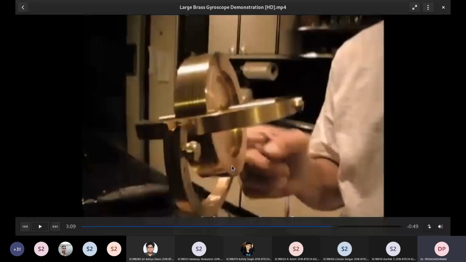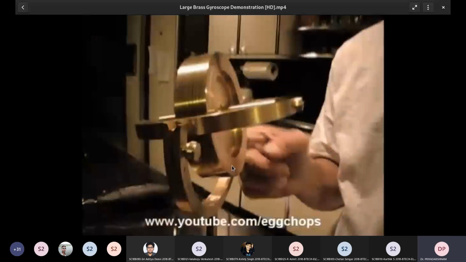So when he tries to move the vertical axis, the inner gimbal rotates in the orthogonal axis. You can see the axis along which it changes. That was what is being demonstrated in the video. So that is the basic principle for a gyroscope, and that is what we will be exploiting to do the measurements of the rotation with respect to the vertical axis.